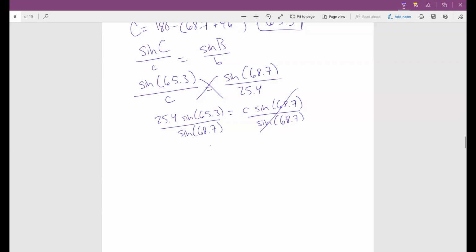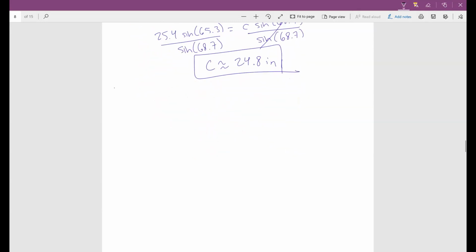So little c is going to be equal to 25.4 sine of 65.3 divided by sine of 68.7, which gives me 24.8. This is going to be inches. Okay, so that's my solution. Here was a perfect example of only one triangle existing.